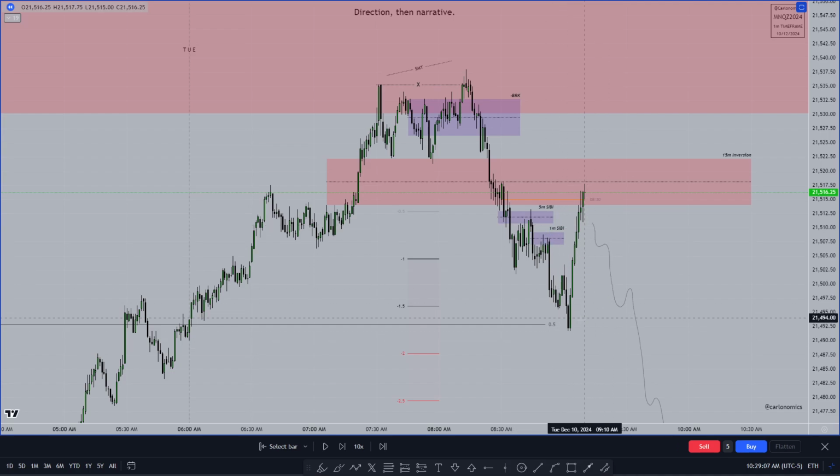So from this area, I do not want to add anymore, because when I'm shorting, I'm only adding as price is at premium. When price is at discount, I no longer want to pyramid into my short.